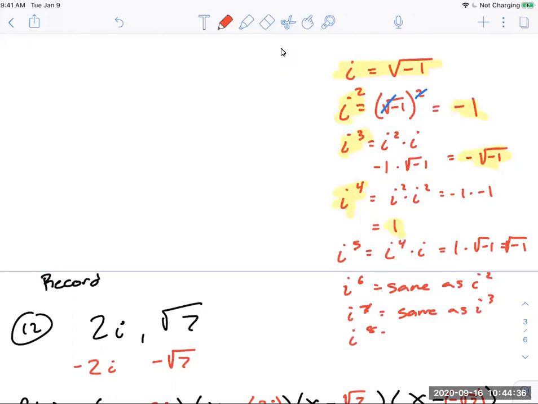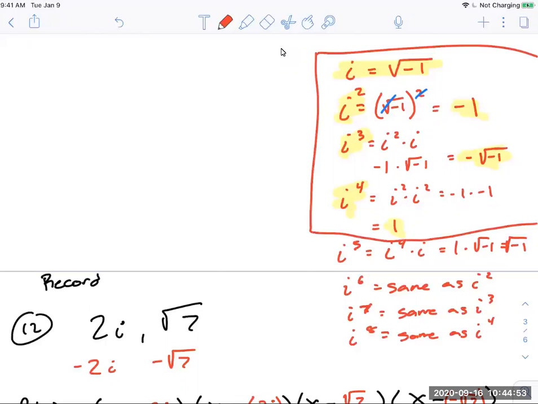And i to the eighth is the same as i to the fourth. And it's going to keep repeating every 4, every 4, every 4. So if you were to make a sticky note to have in front of you to help you out, your sticky note needs to be of just those 4. And you know that it repeats itself every single time.